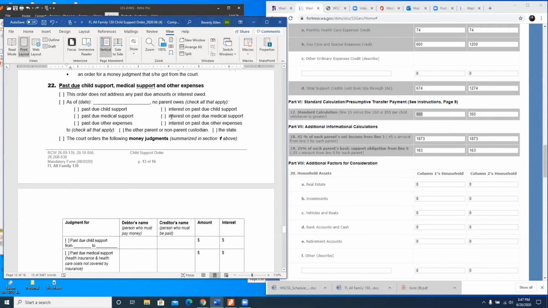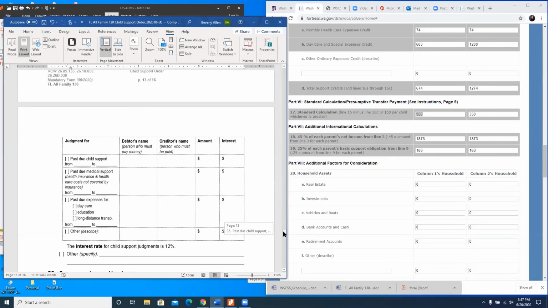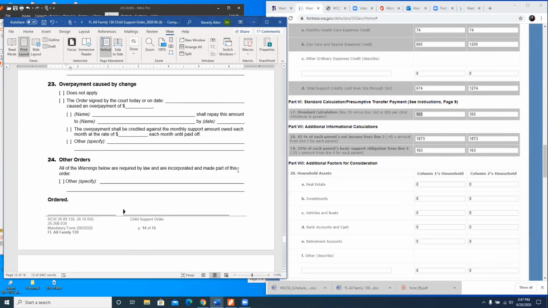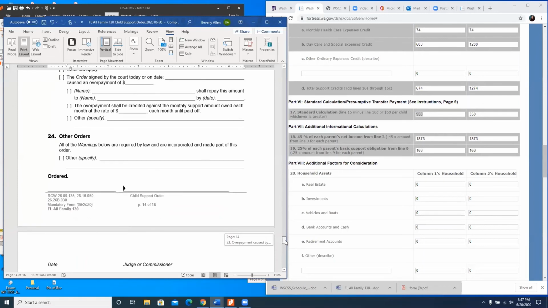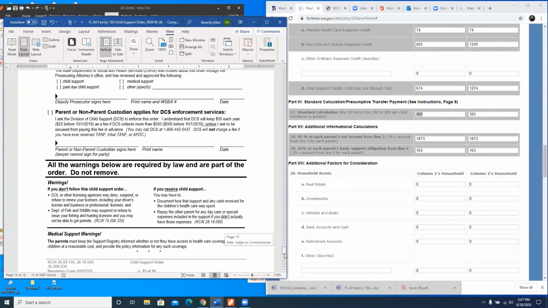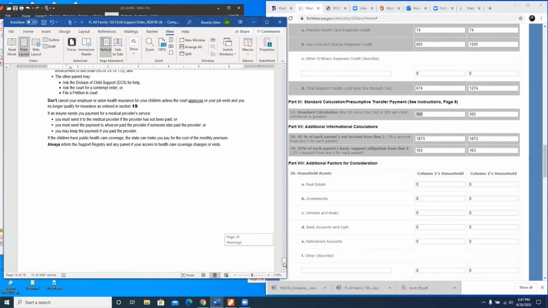And then section 22 either allows the court to release someone from a past obligation or to set a judgment. And section 23 doesn't typically apply, but it's possible a parent was overpaying child support and the court can address that. All right, then at the end, the court signs it and there are some statutory warnings.